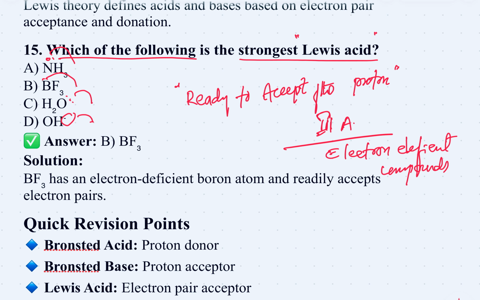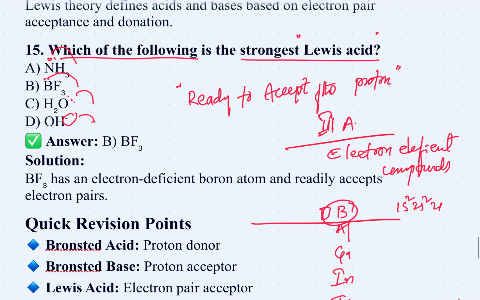In this, the first element is boron, then aluminium, gallium, indium, thallium. So in this, the compound requiring more electrons is this. It does not contain a d orbital. Therefore, boron has atomic number 5, 1s2, 2s2, 2p1, right?